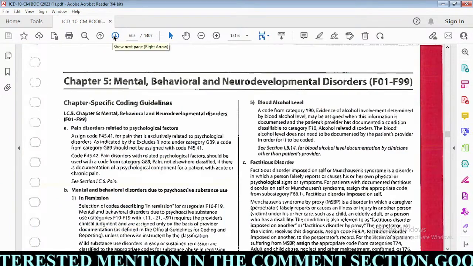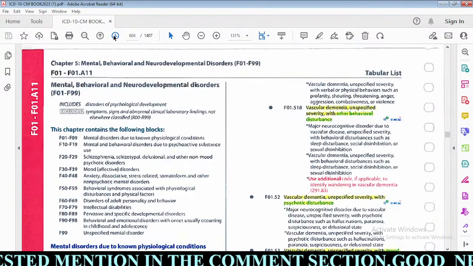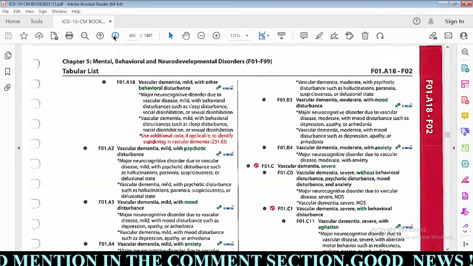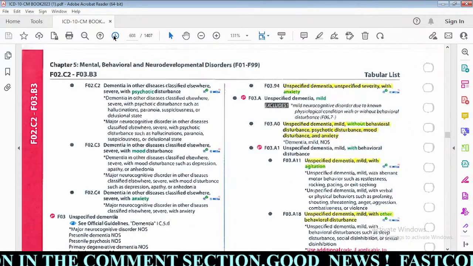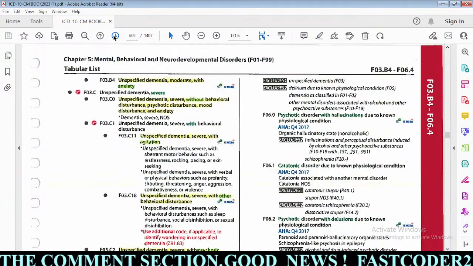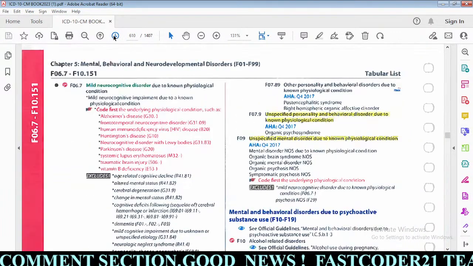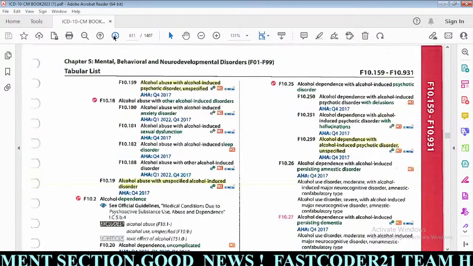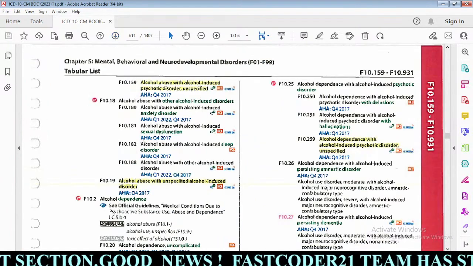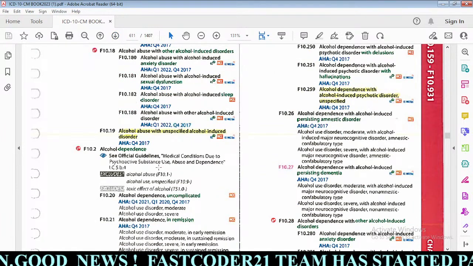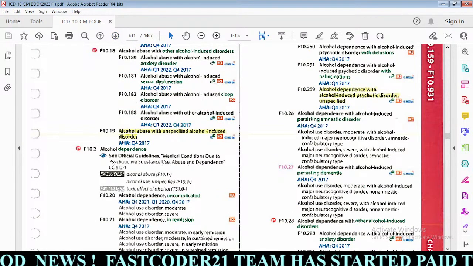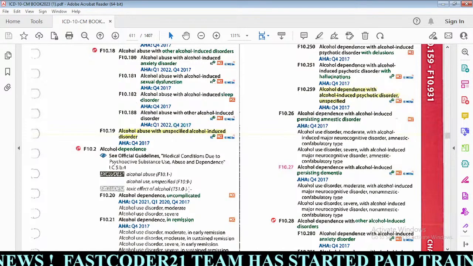So this is related to mental, behavioral and neurodevelopmental disorders. See here, for alcohol dependence, see official guidelines. Medical condition due to psychoactive substance abuse and dependence.